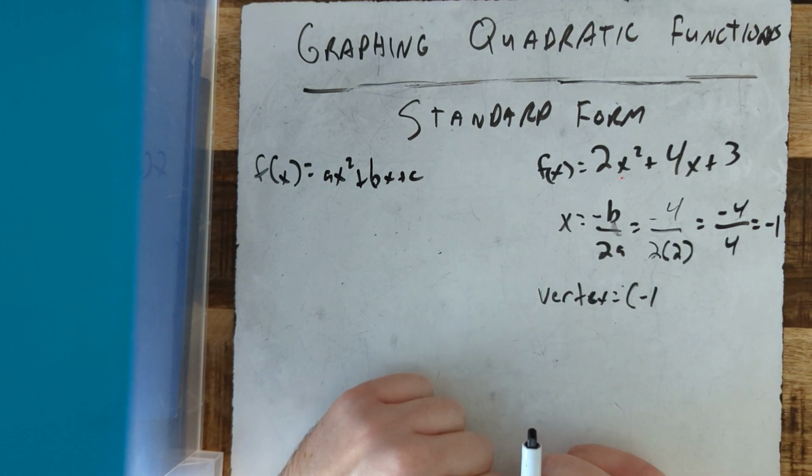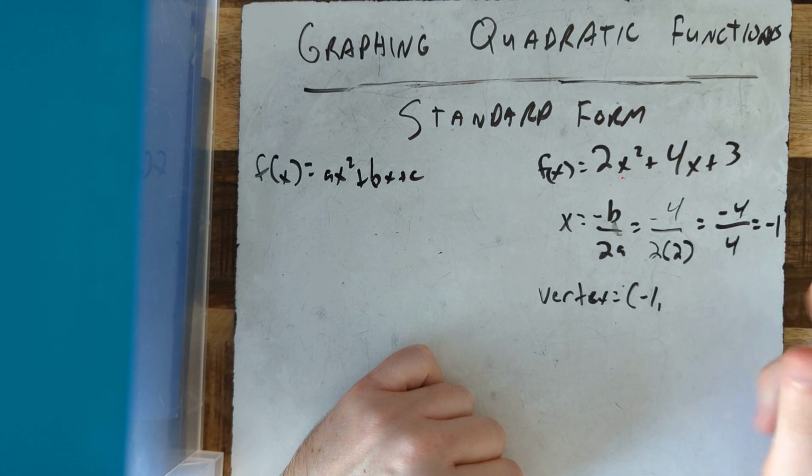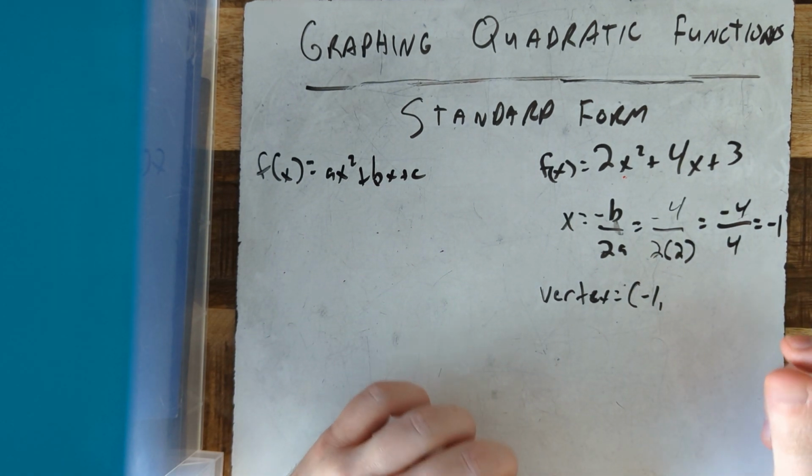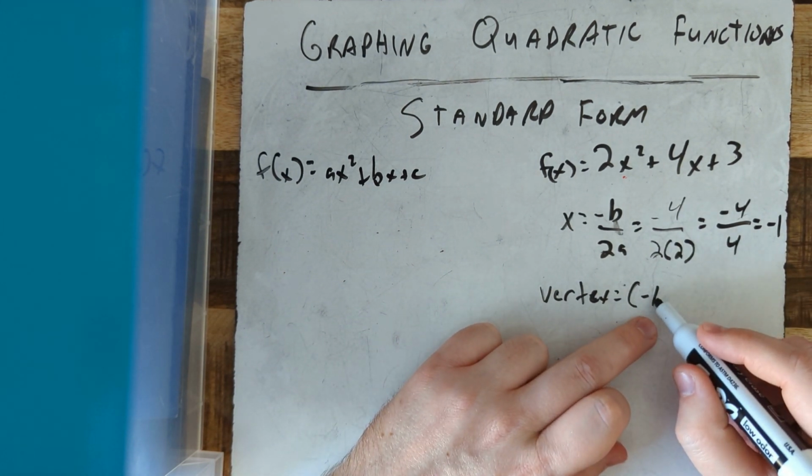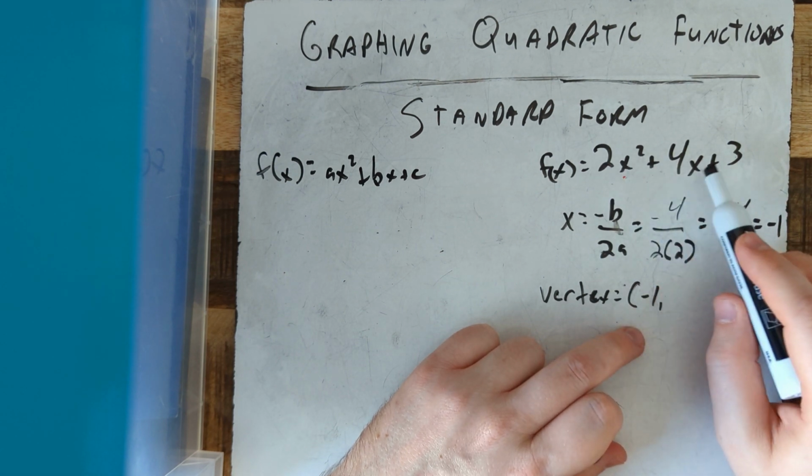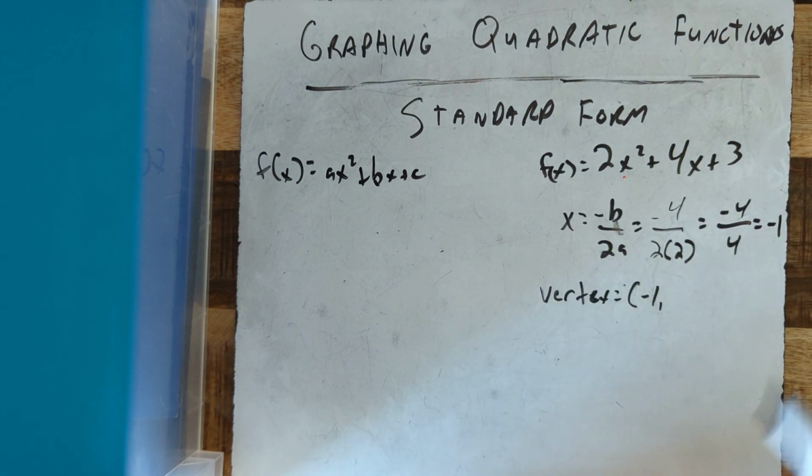Now we need to find out what the y of our vertex is. To figure that out, we need to take the x we found here and plug it back in for the x's in our equation and solve to figure out what our y is.